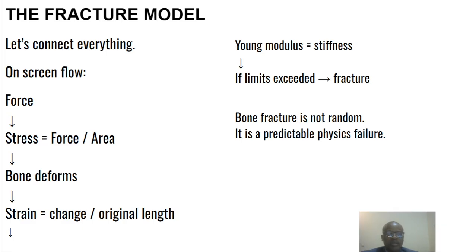It is a predictable physics failure. So physics can be used to predict bone fracture or material failure. All right. So our lesson question has been answered from all we have done through this lesson.